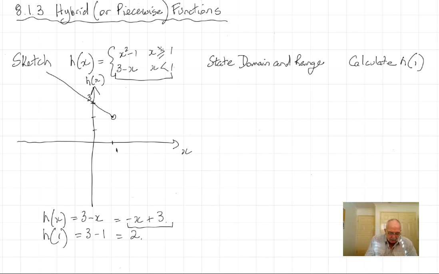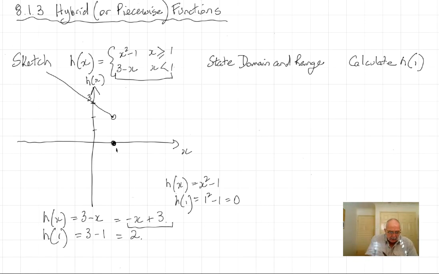Now at x equals 1, we know that it's equal to x squared minus 1. So let's just see what happens when we go x squared minus 1. If we put 1 in here, we get 1 squared minus 1, which is equal to 0. So it is going to actually start at this point here. And because it includes x equals 1, we will colour it in.